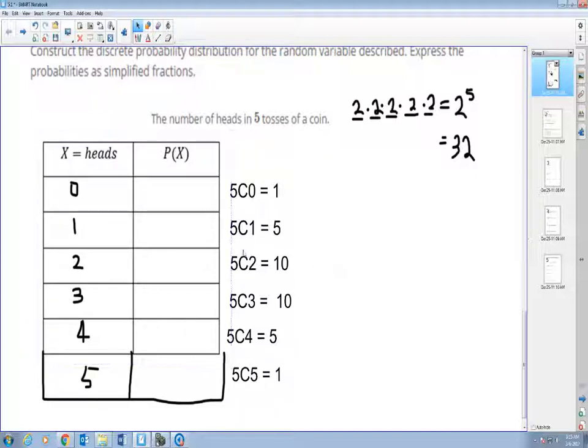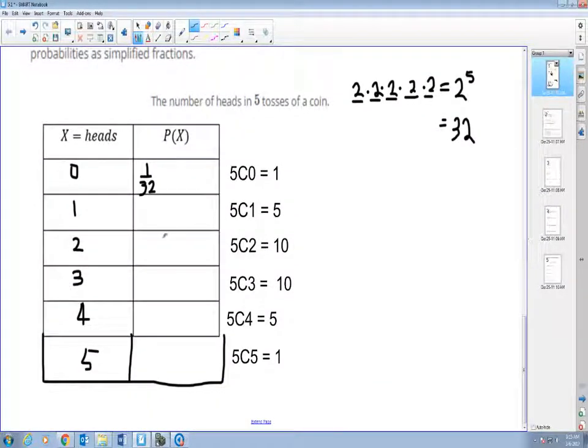Alright, so my probability, my chance of getting 0 heads is one way out of 32. I think this problem wants me to use a simplified fraction. The next one is 5 ways out of 32. 10 ways out of 32, if I simplify the fraction, reduced by 2, will be 5 out of 16.